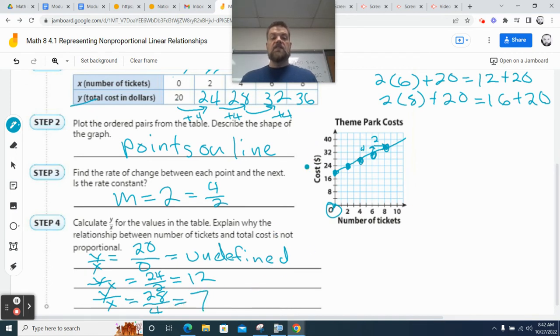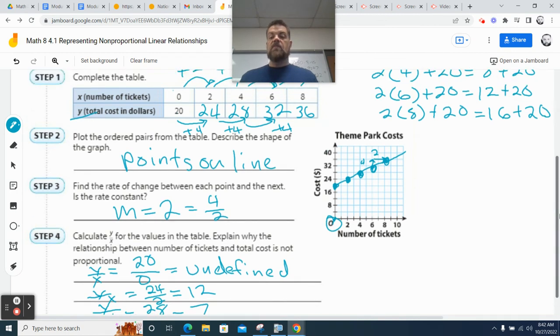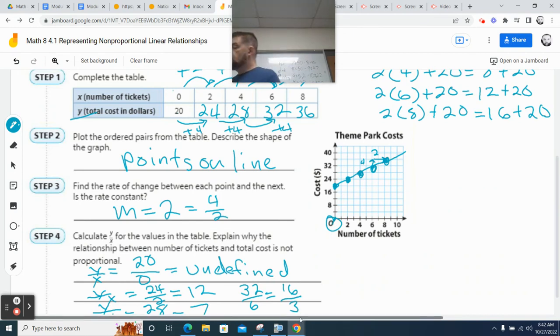And then 32 divided by 6, that really just reduces down to 16 over 3, I think, which is like a crazy decimal.